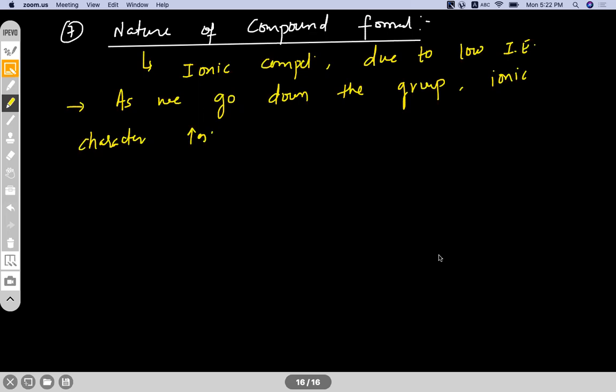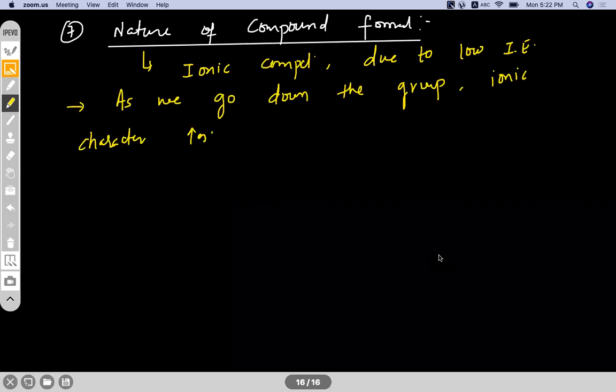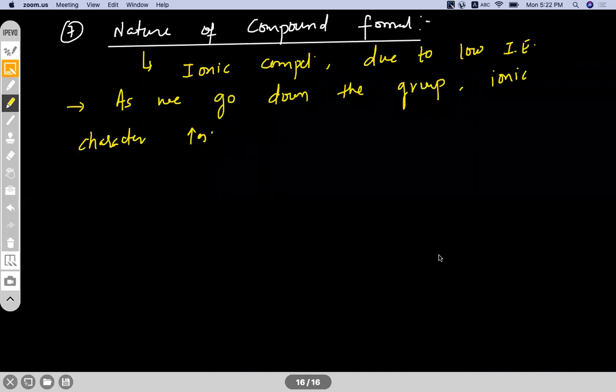Yes, a smaller cation can polarize an ion, right? And hence, by Fajan's rule, the polarization decreases as we go down the group. Polarization decreases and hence the ionic character increases, because we know polarization leads to covalent character in the compound.